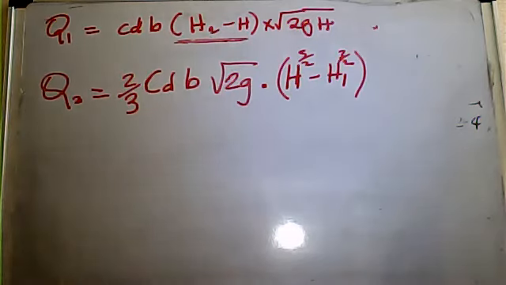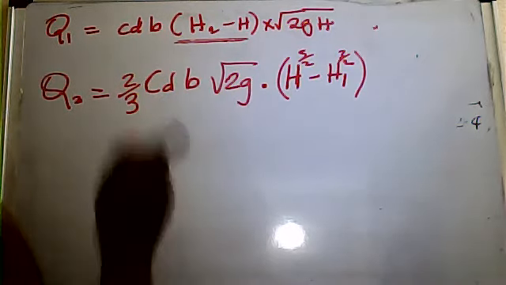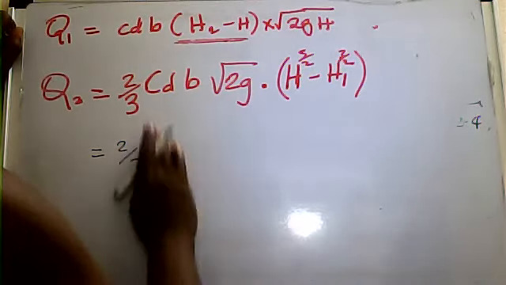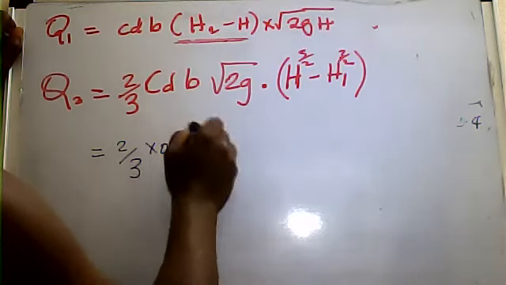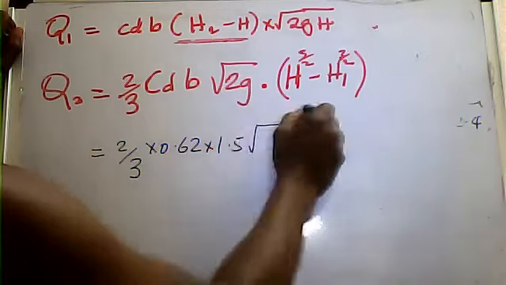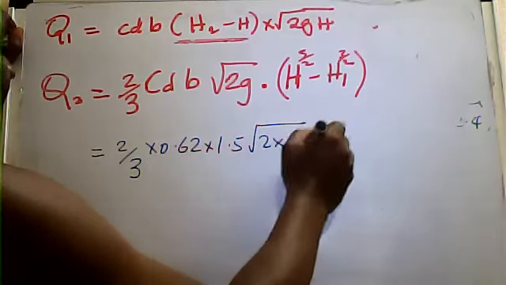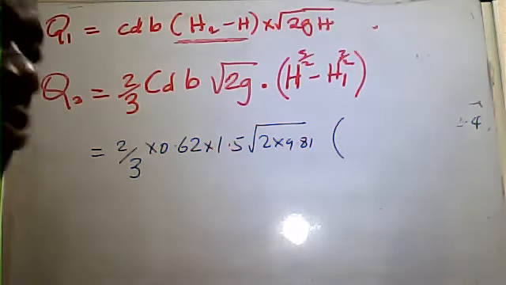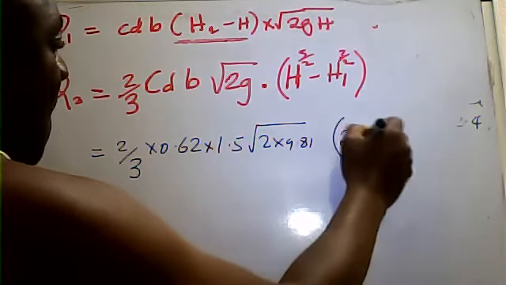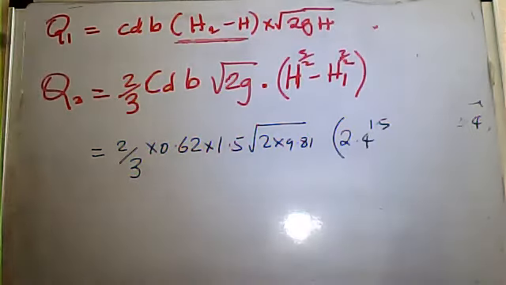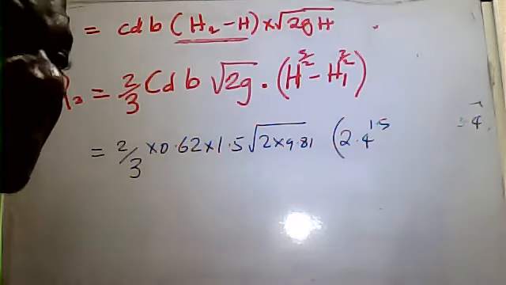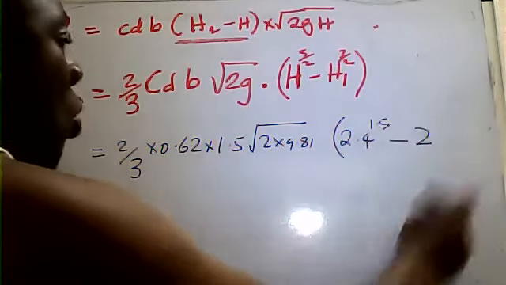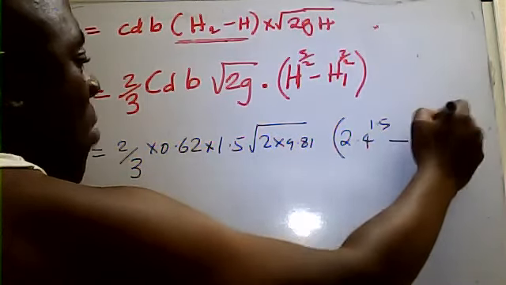So, with this formula in place, we can put our values: 2/3, our CD is 0.62, our B 1.5, 2 multiplied by 9.81. Then we have our H, which was 2.4 to the power 1.5, minus H1, which is 2 to the power 1.5.